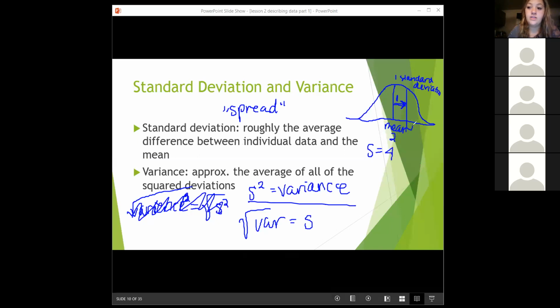One standard deviation would be 6, because it'd be 2 plus 1 standard deviation. I don't want to confuse you, this is going to be 4 units over, because our standard deviation is 4. So we move 4 units over, and 2 plus 4 is where we get the 6. This is still 1 standard deviation, but 1 standard deviation is worth 4 units. So if we go over 1, we add 4. If we went over 2, we would add 8, that kind of thing. So that is standard deviation, also known as spread.